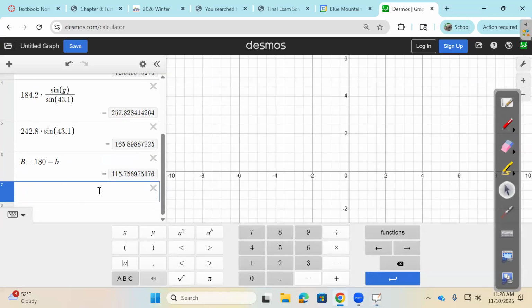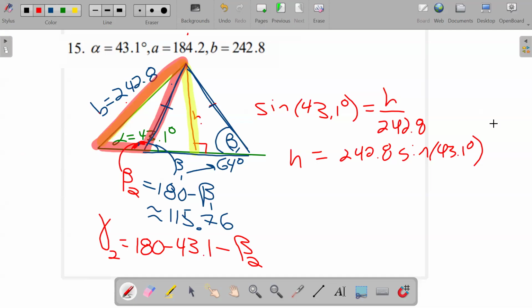Let's say I call the other one little gamma, so this one can be big G equals 180 minus 43.1 minus my big B above. So 21.14-ish degrees. Don't forget to label your degrees.